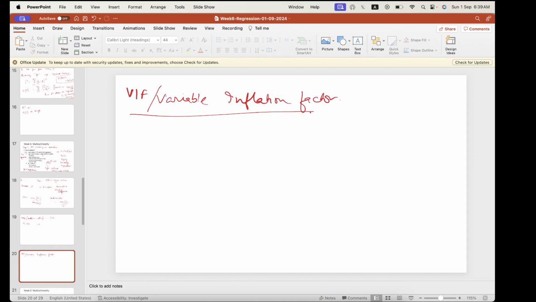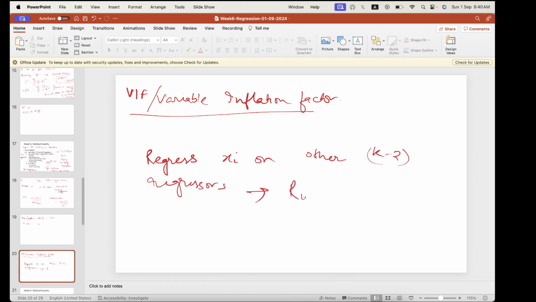How do we find this out? The variance inflation factor is found by, first, regressing xi on the other, let's say k minus 2 regressors, and getting the Ri square from that equation.